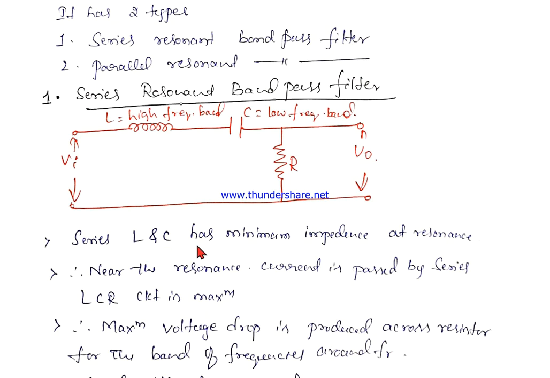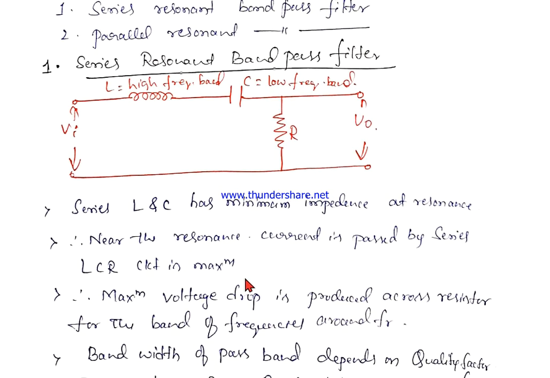Here the LC has minimum impedance at resonance. Near the resonance, the current passed by the series LCR circuit will be maximum. The maximum voltage drop is produced across the resistor for the band of frequencies around the resonant frequency.